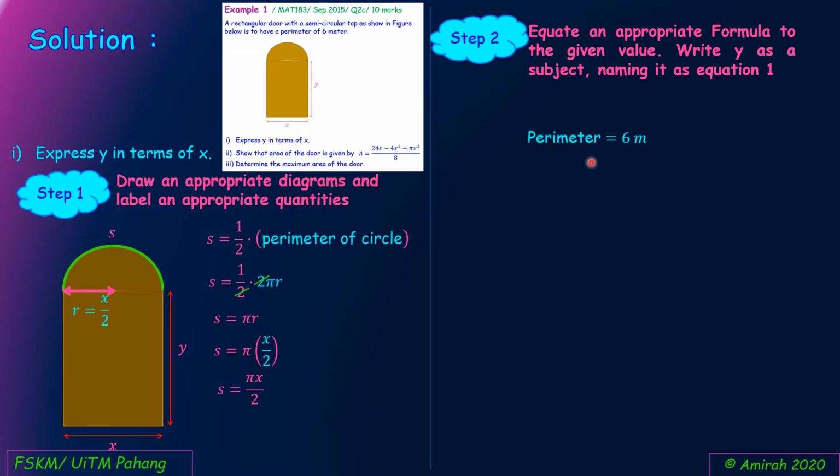Then we refer back to perimeter equals 6 meters. So perimeter equals x plus y plus S plus y equals 6. Here we have x, y, S, and y.